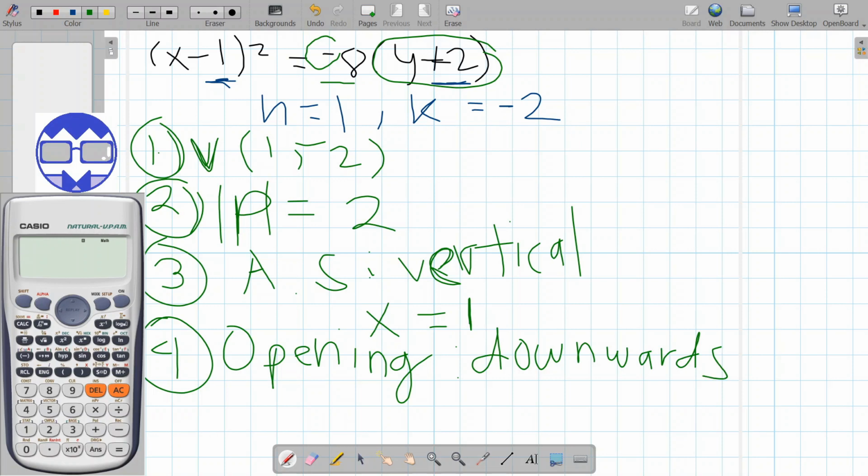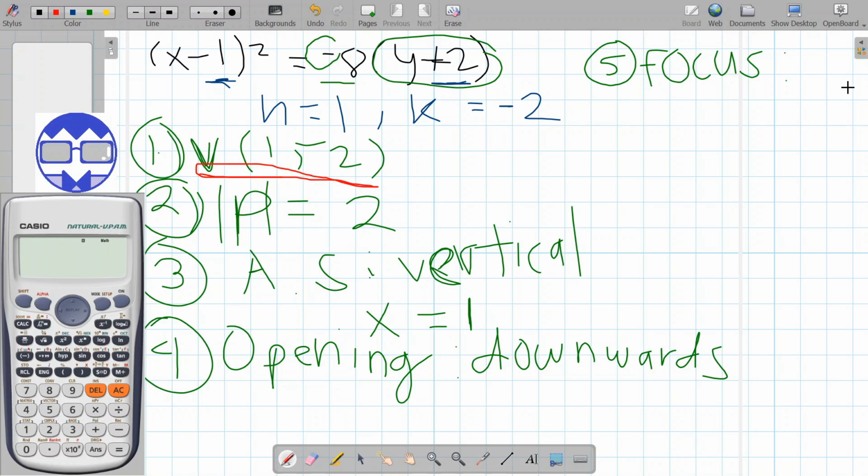Next, if we have the opening, we can now determine the focus. So let's put 5 here, the focus. So how do you find the focus? It's downwards, which means it's minus. And since it's downwards, we are moving in the vertical part. So we are going to subtract from our vertex, minus p, minus 2.